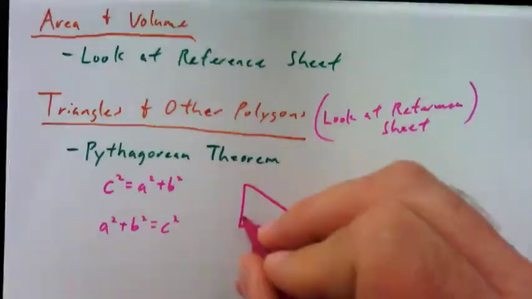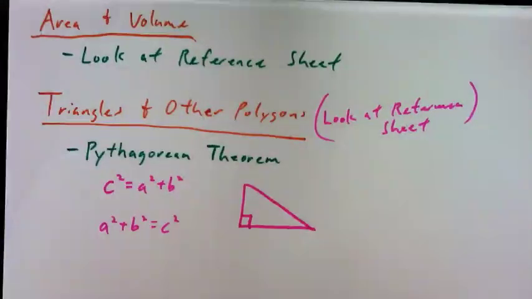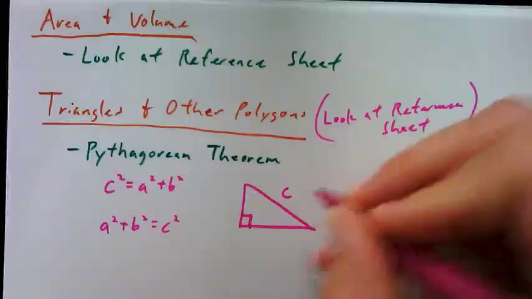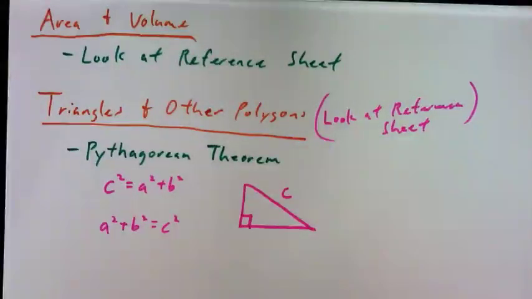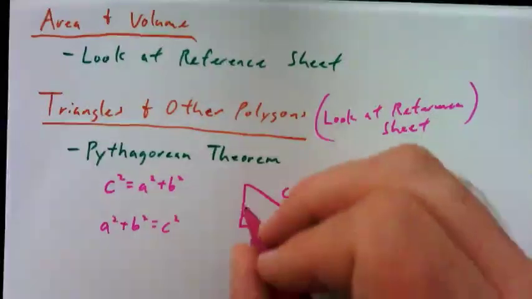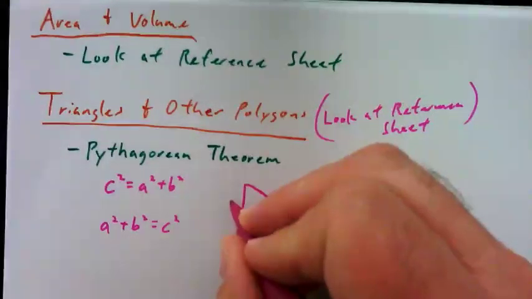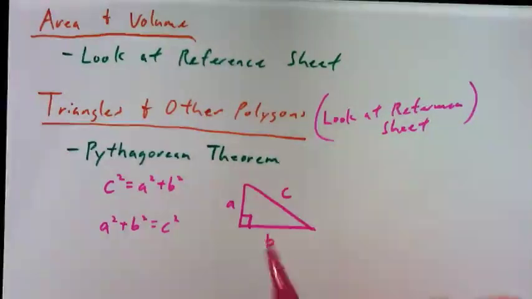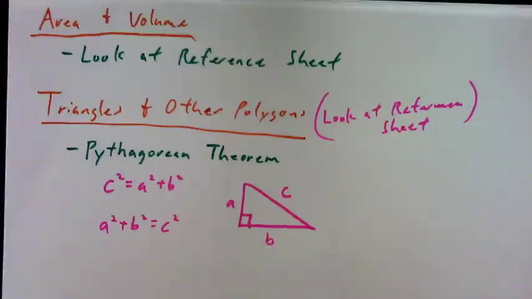So if you're given a right triangle, the side across or opposite the right angle will always be C, your hypotenuse, the longest side. The two sides that are next to the right angle are going to be A and B. Those are your two legs. Again, the legs of the right triangle are always next to the right angle. So this is just a way of finding one of the missing sides. If you're given two out of those three pieces, you can find the third piece.